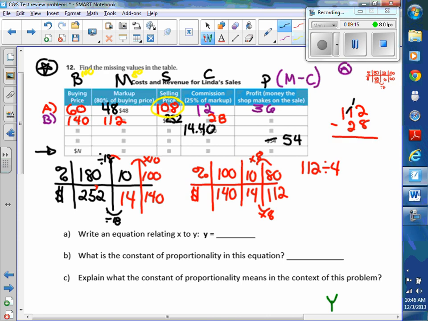So $84. How are we doing so far? Good? Okay. So that's part B.